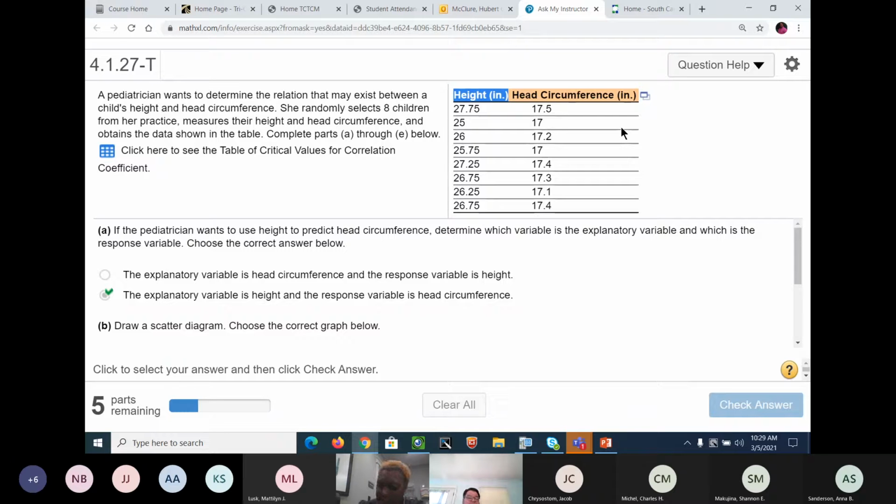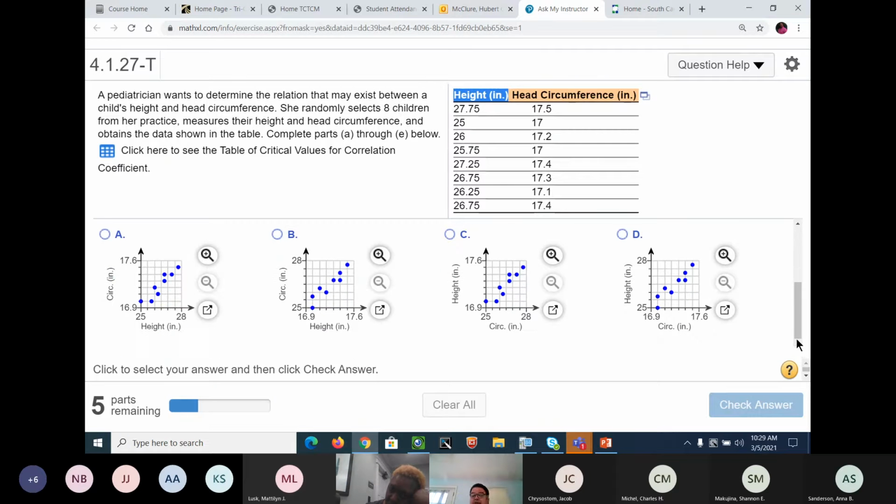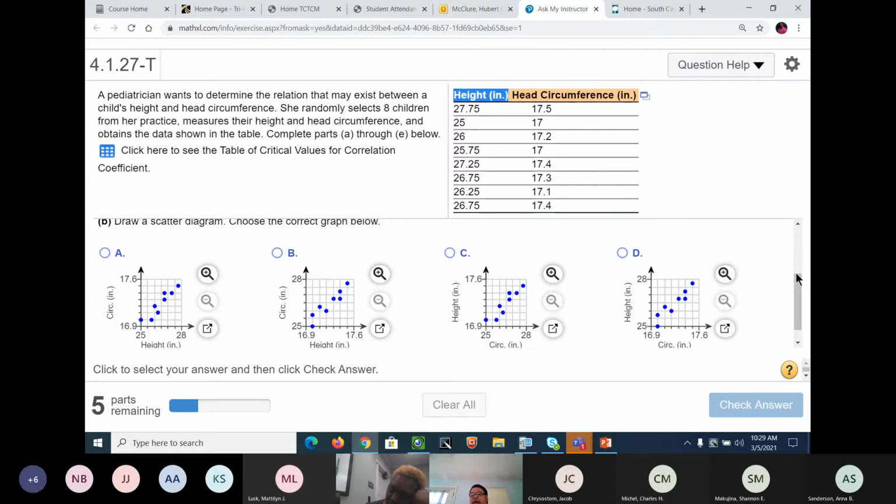And he used to say, Hubert, you are stupid and your head is big. And every time I see that head circumference, I think of him. And bless his heart, I hate that things worked out the way they did. Anyway, shut up, Hubert. Draw a scatter diagram. Those two families were very close.